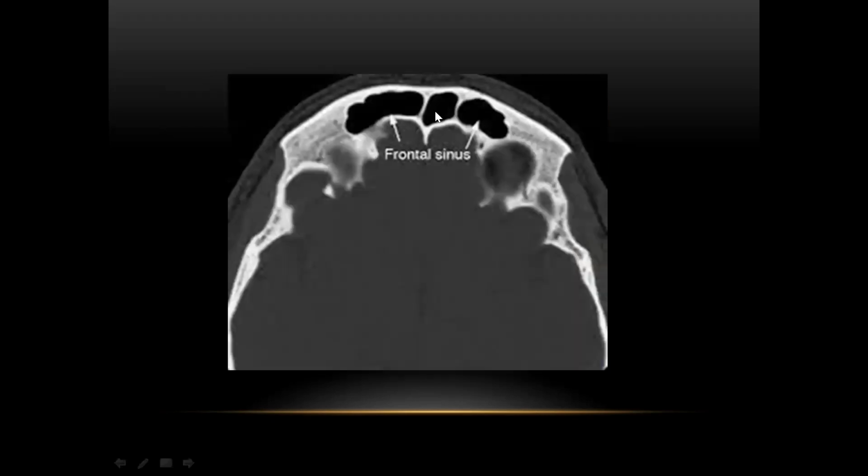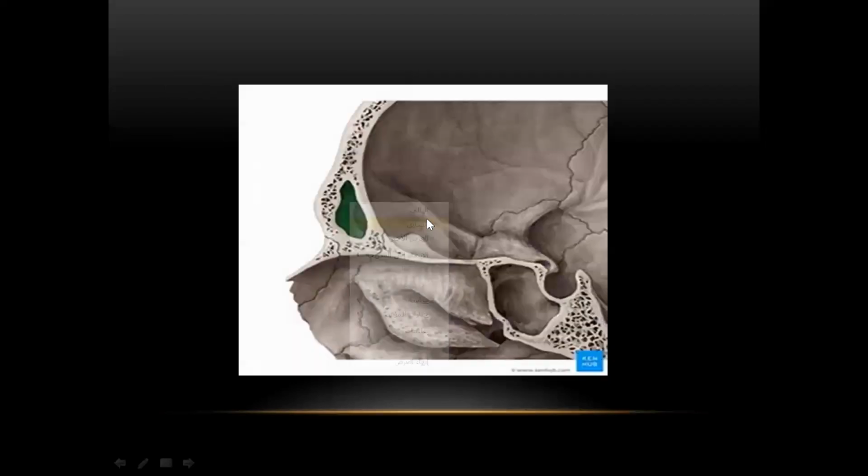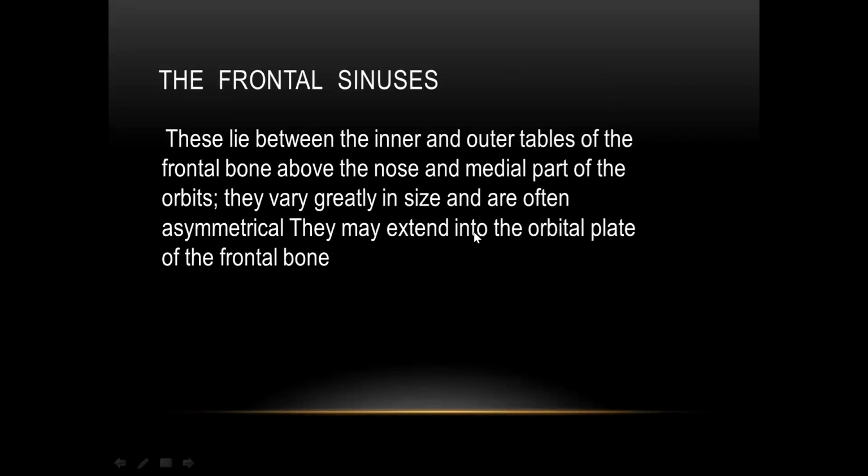This is the frontal sinuses by CT. Of course, it may be asymmetrical, not strictly symmetrical right and left. Maybe it is asymmetrical.